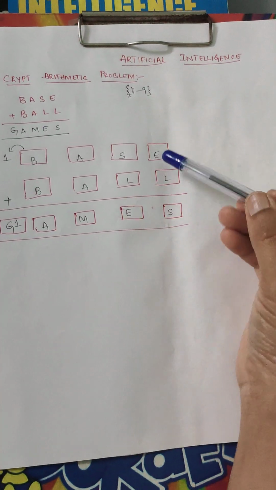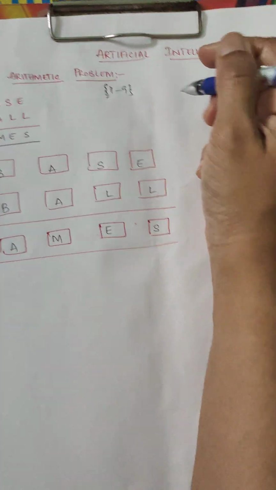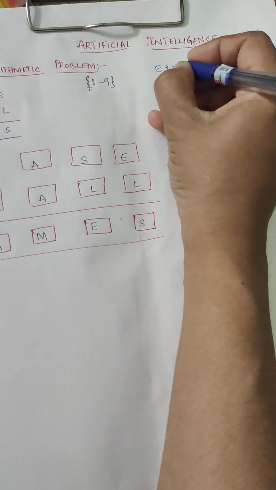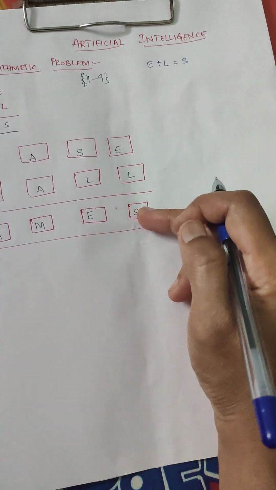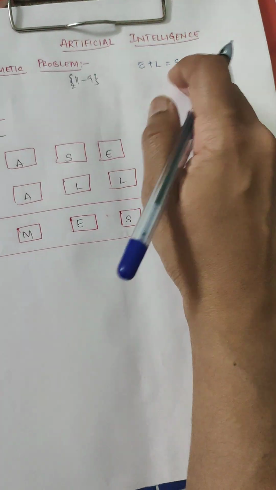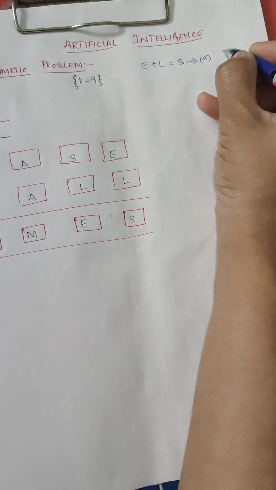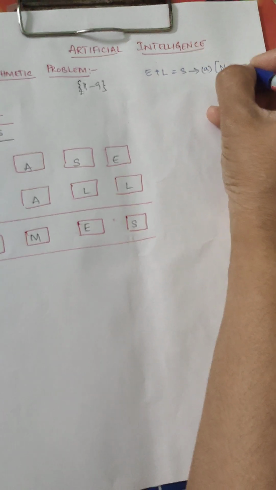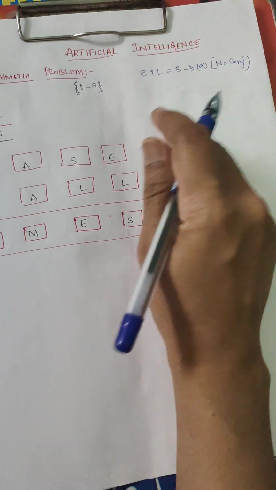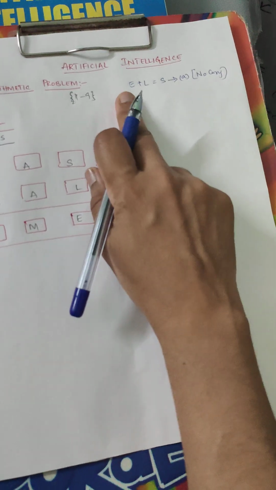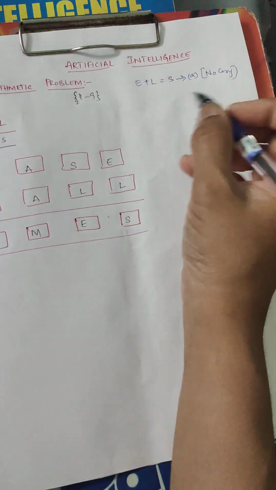Now let us consider this equation. E plus L is equal to S. This is our first equation. Okay, so let us consider this to be equation A. When there is no carry, at that time we consider it to be this equation.